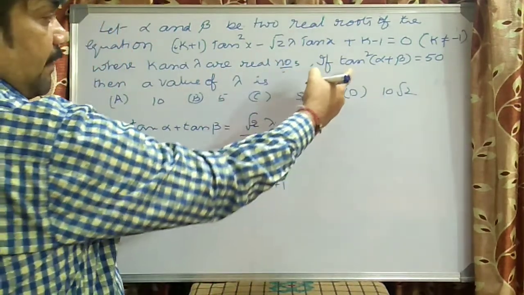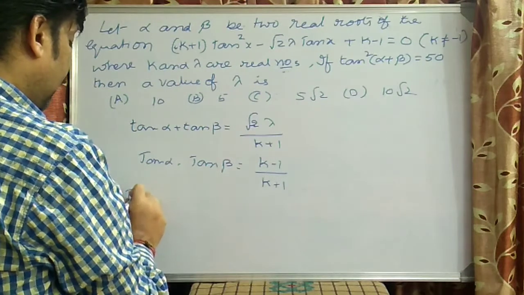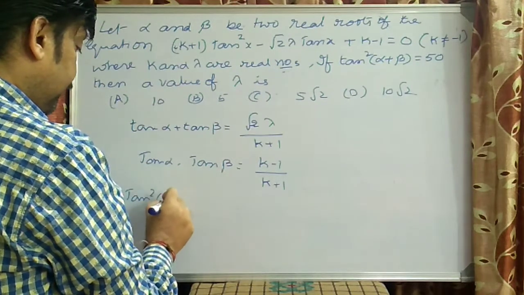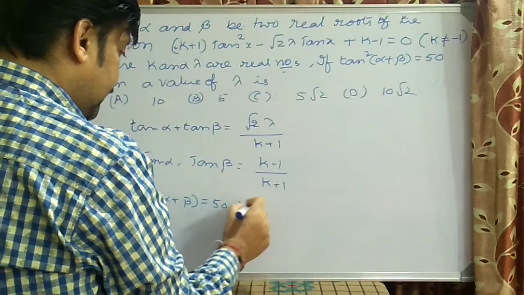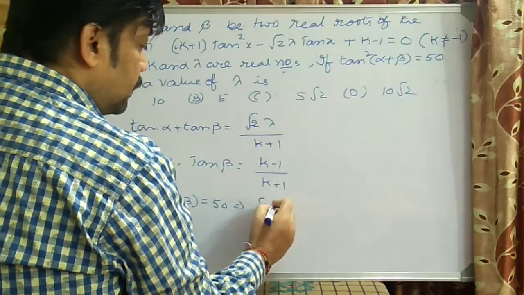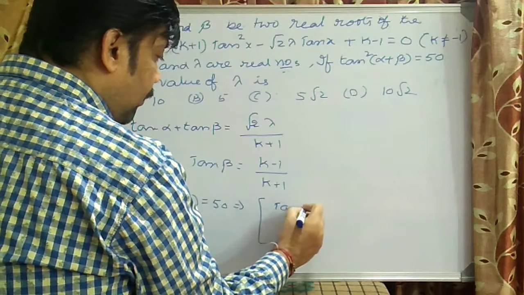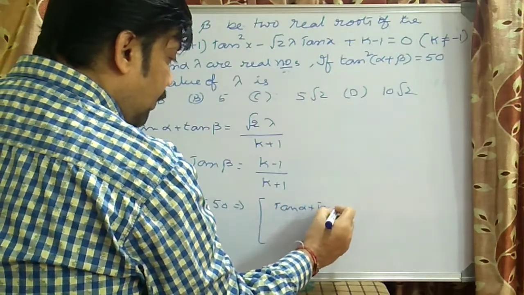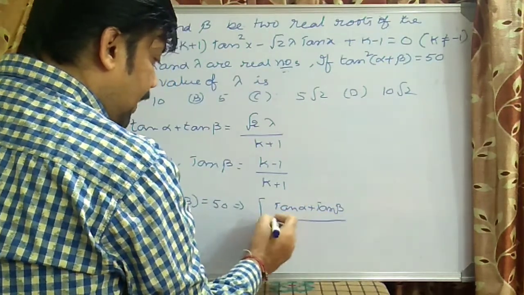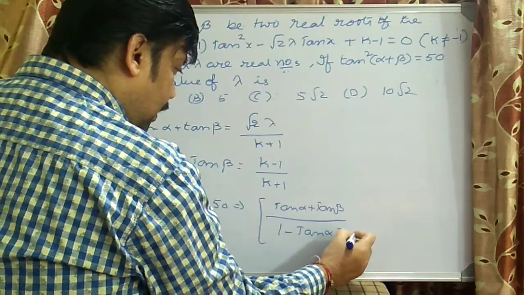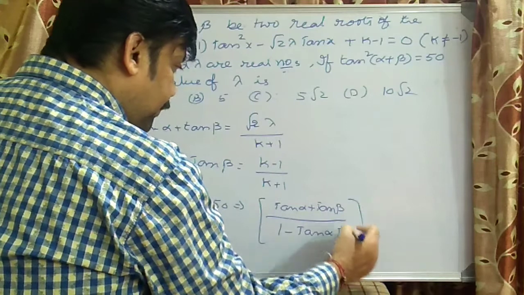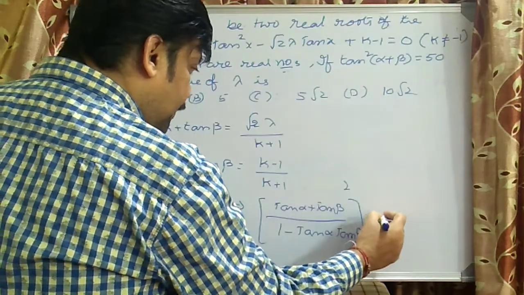But in the question it is given that tan square (alpha plus beta) is equal to 50. That implies (tan alpha plus tan beta) divided by (1 minus tan alpha into tan beta), whole square, is equal to 50.